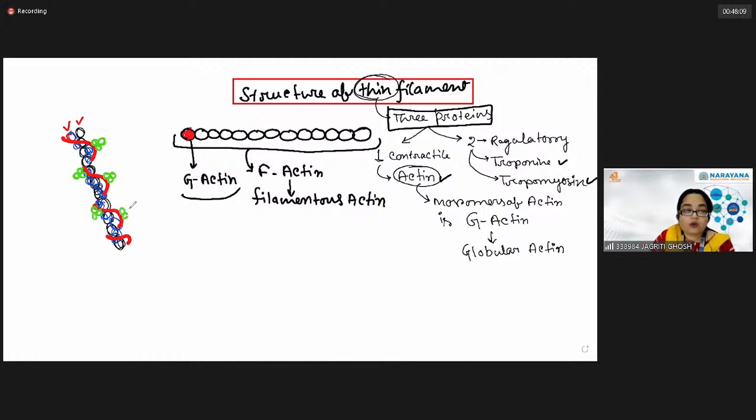We are almost at the end of our discussion today. Just the functions of these 3 things and we will be done. Let's do the pointings. This is F-actin.